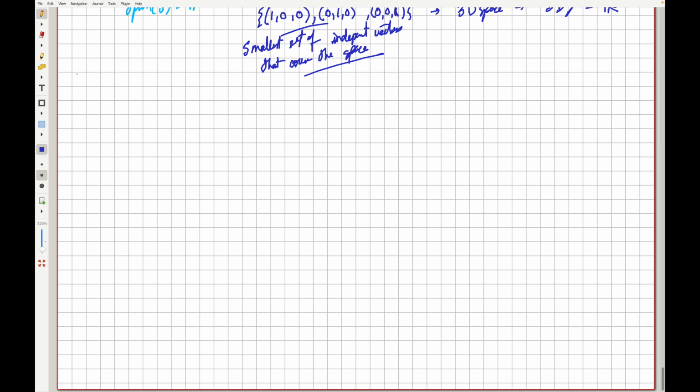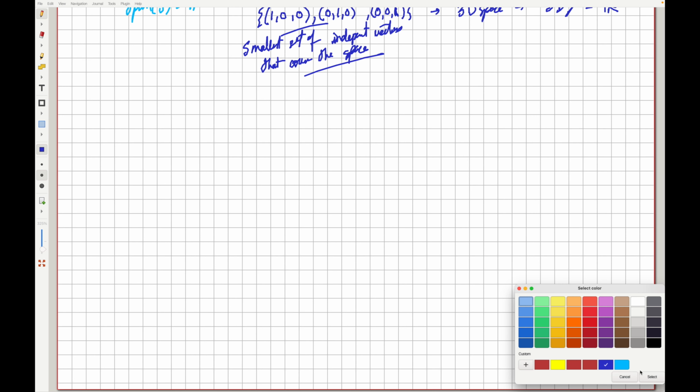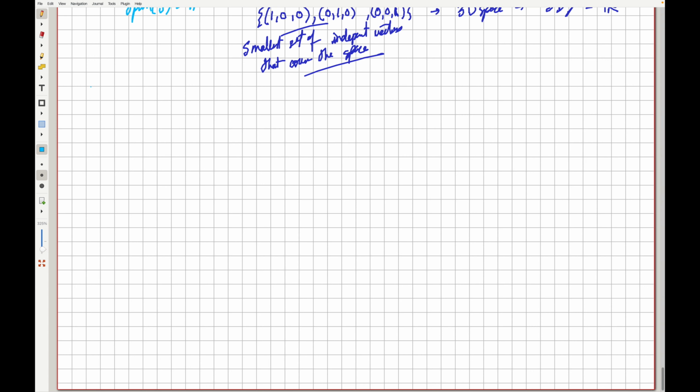Let's start with the simple case where we have the standard set of basis vectors, where S is simply equal to 1 0 and 0 1.